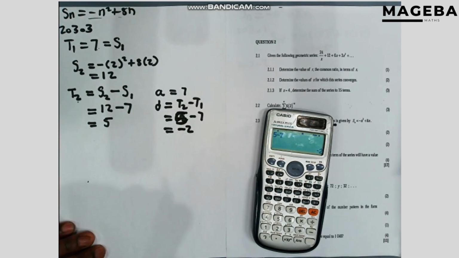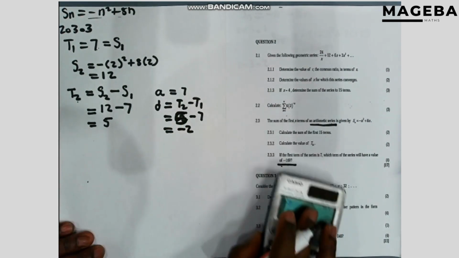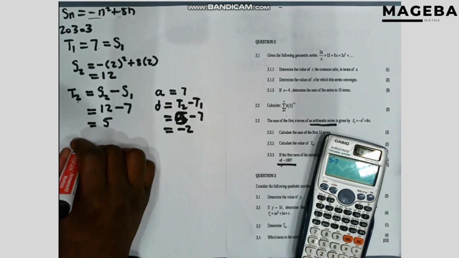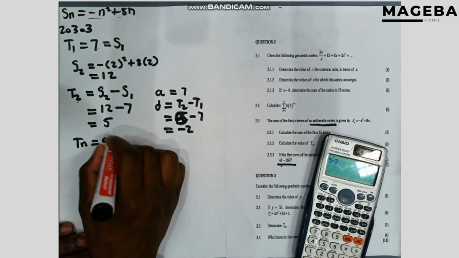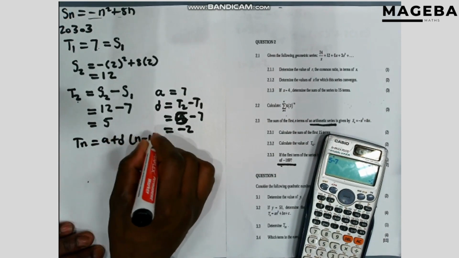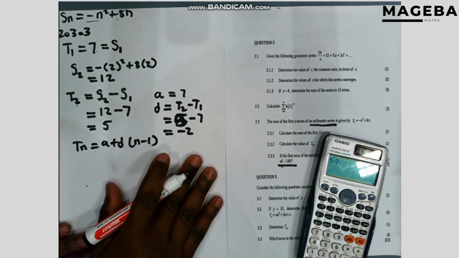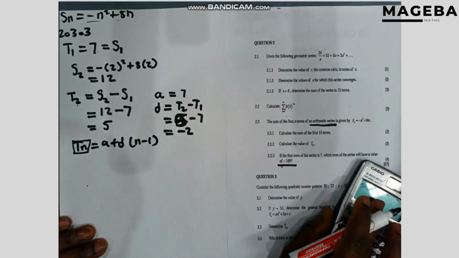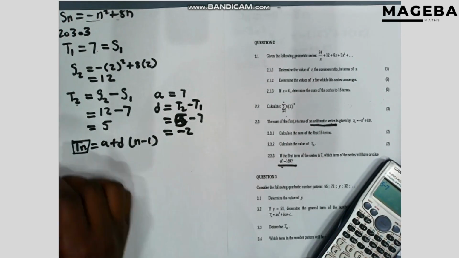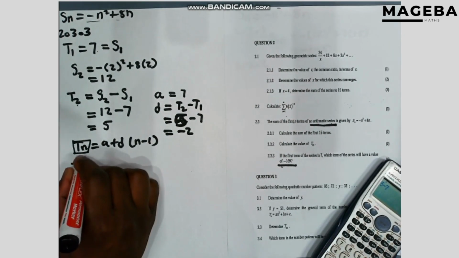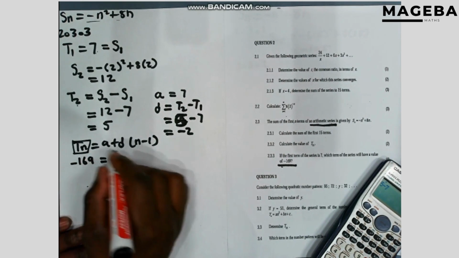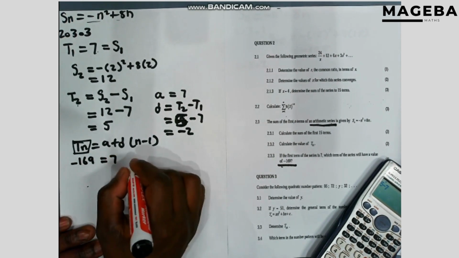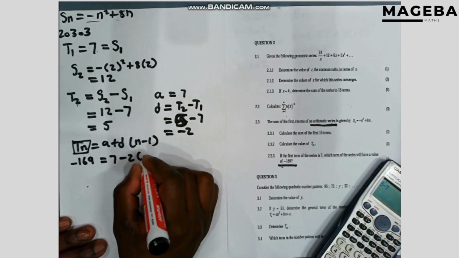Sorry about that mistake. Then from there, we know the formula of the arithmetic sequence is Tn equals A plus D into n minus 1. They told us that Tn is negative 169. So negative 169 is equal to our A, which is 7, plus our D, negative 2, into n minus 1, because we are looking for n.